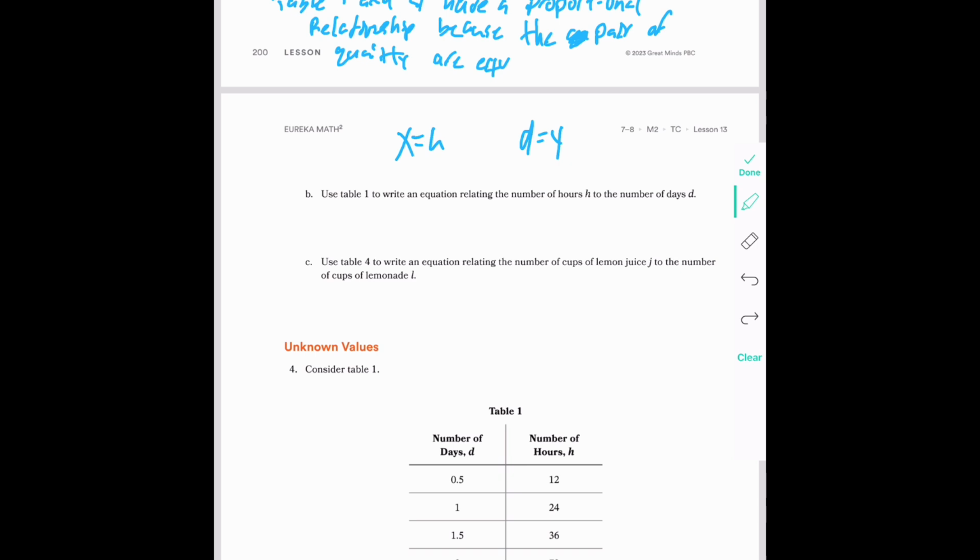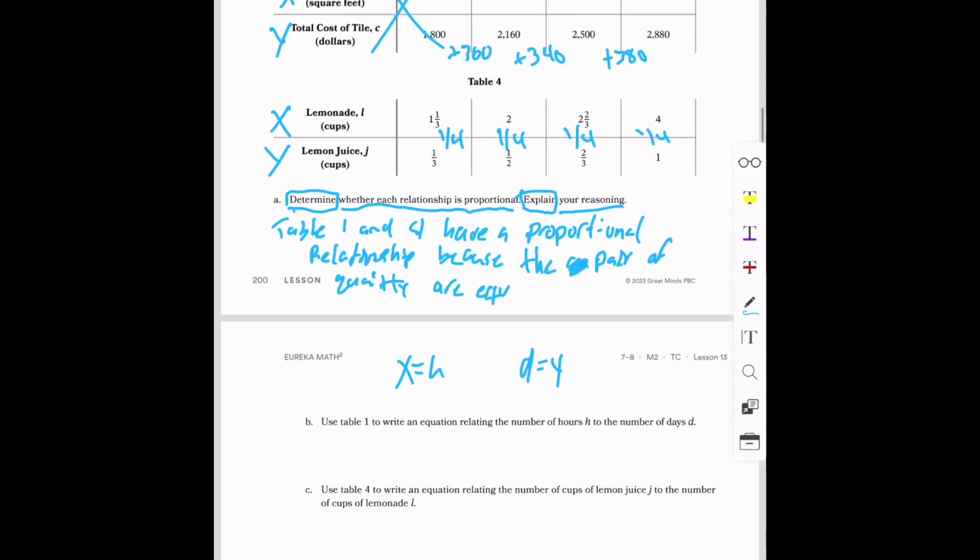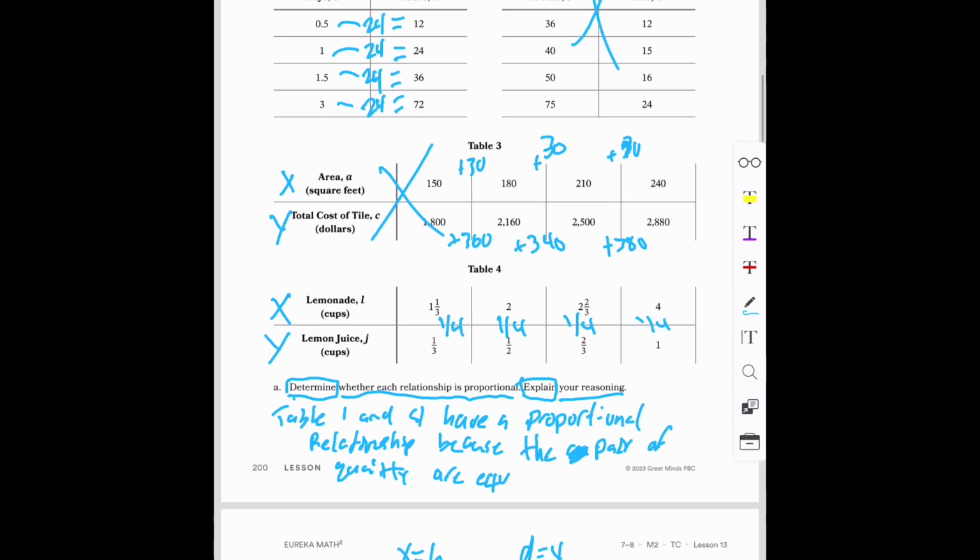Because that's how we will write our equation. So if we go back and look at it, I said that we could multiply that constant number we got, which was 24, times X in order to get Y.